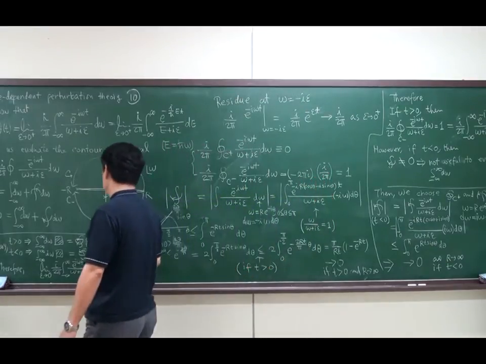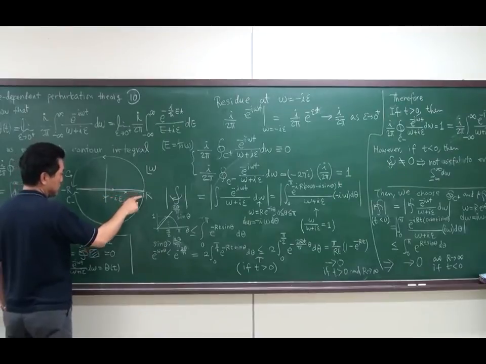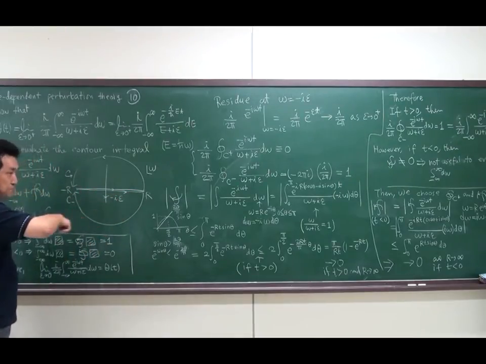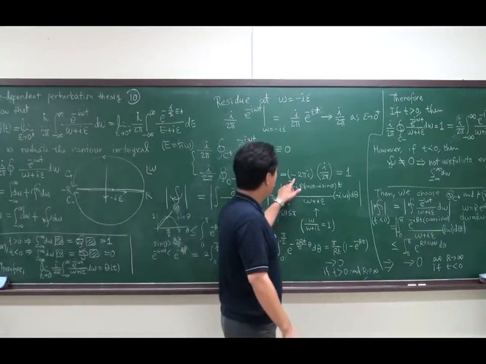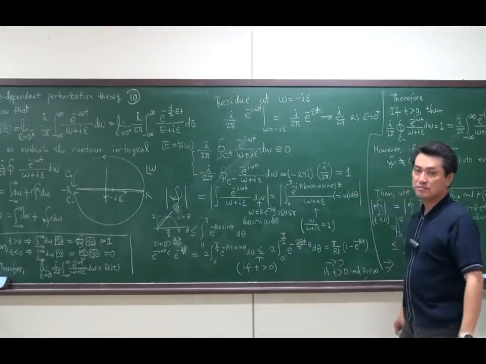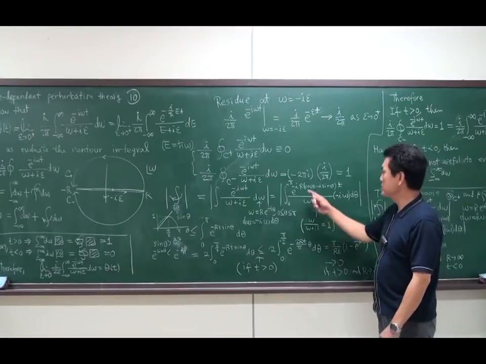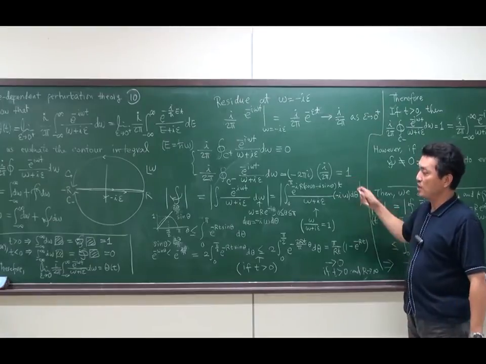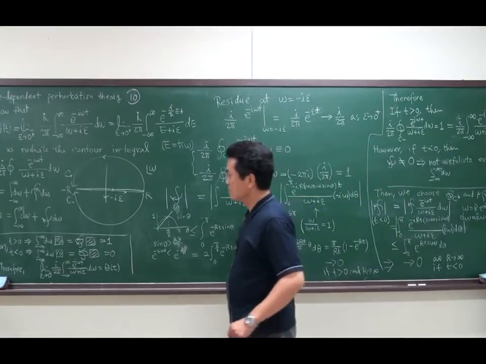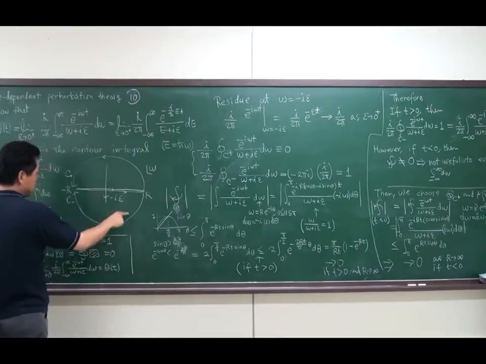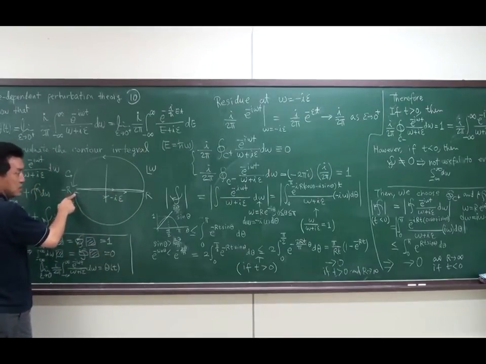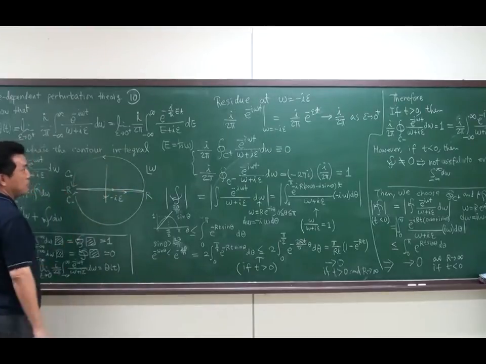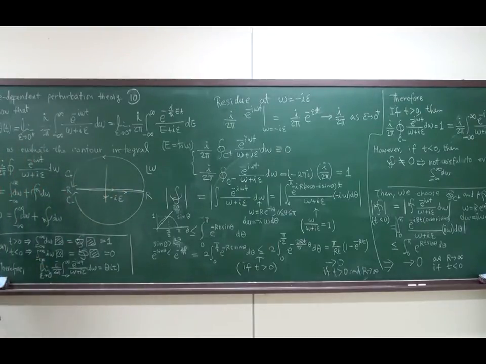And we recall that this contour is closed in the clockwise direction, so we put minus 2 pi i. If I multiply by minus 2 pi i, then the whole integral becomes just 1. So in short, this integral is 1 in any case, and this integral is 0 in any case.